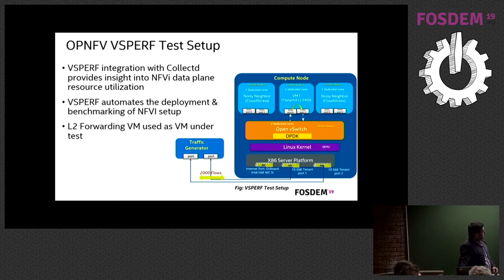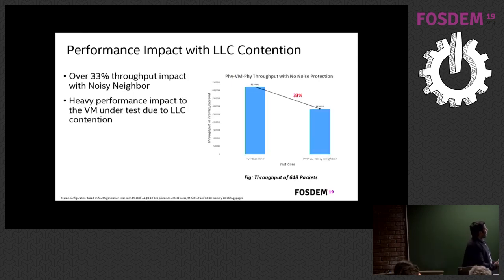Now when you look at the performance, the baseline performance is 4.2 million packets per second. As soon as you have noisy neighbor applications running, the performance goes down by about 33%. Most of the time, when you look at something like this, a lot of folks start debugging: do I have enough CPU?